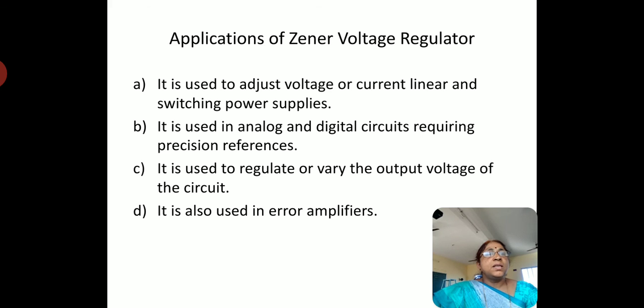Also it is used to regulate or vary the output voltage of the circuit, and it is used in error amplifiers. So there are a lot of applications of the Zener voltage regulator, in linear and switching power supplies, analog and digital circuits, voltage regulator circuits and also in error amplifiers.